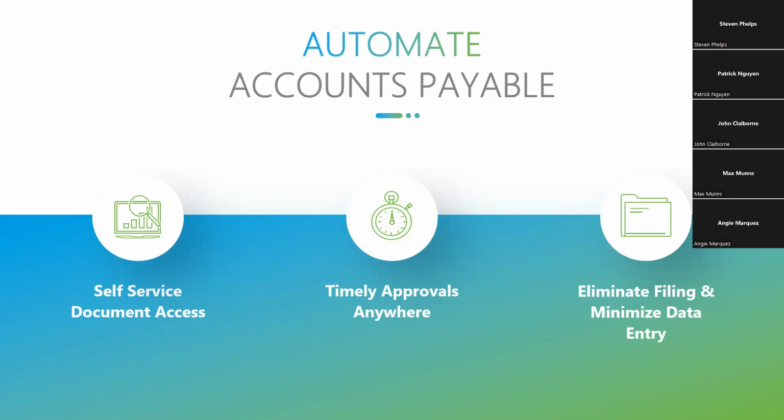It provides you an electronic digital workflow capability so that approvals are done in a timely manner, no matter where you are. And then it eliminates the need to manually file and minimizes the tedious data entry process, and ultimately contributes to a huge win by streamlining that whole entire process.